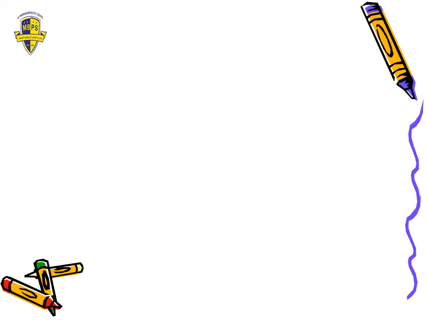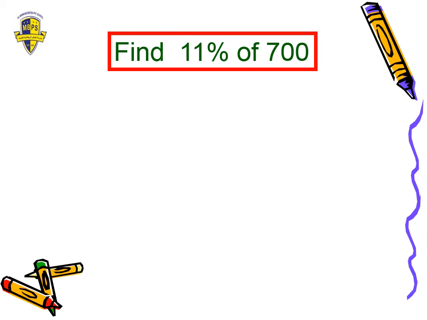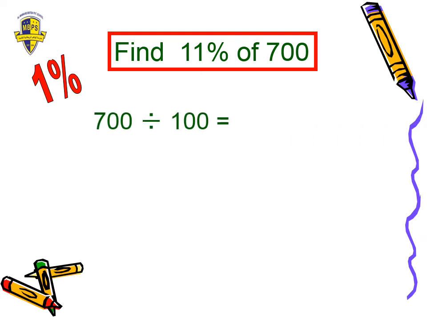And this is the last question for today. We want to find 11% of 700. First we find 1%. Excellent. 1% of 700. 700 divide 100. Good. Equal what? 700 divide 100. 7.